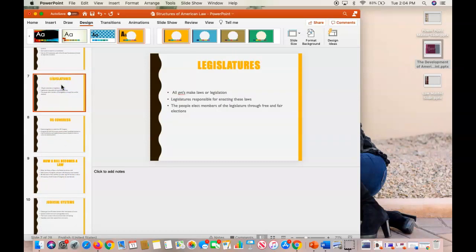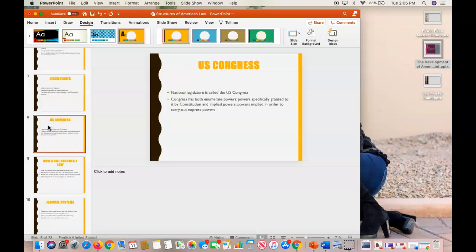Legislatures are responsible for enacting laws. The people elect members of the legislature through free and fair elections. As many of you know, our national legislature is called the U.S. Congress. Congress has a substantial amount of power according to the Constitution.